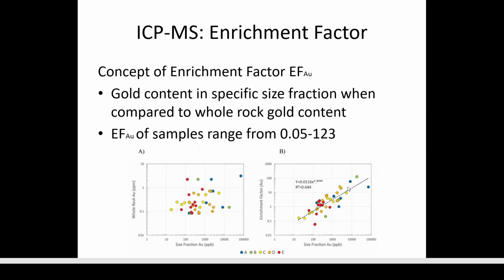Although we're finding these outliers from the pack in our A and our D fractions, as well as some of their B fractions, we're finding upwards of 100 times more enrichment in a specific size fraction when compared to the whole rock gold content. This is the question: why do we find this? Why do we find more gold content in a specific size fraction when compared to the whole rock gold content?